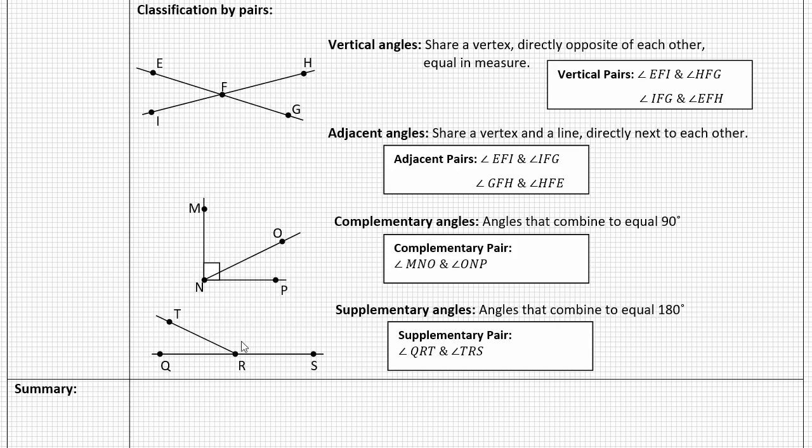And in this case, we've made 2 smaller angles that are supplementary, because together angle QRT combines with angle TRS, and would add up for a total of 180 degrees. We would see that from here to here, adding this little measurement and this measurement, they would equal 180 degrees.